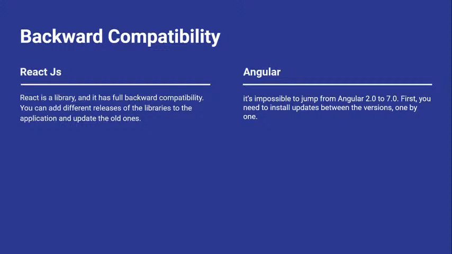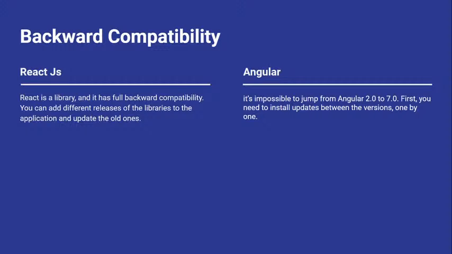For example, if you are using React.js version 16.3 or anything, and you want to go back, you can directly go back. You can change your version and use that. The React.js application is completely supported.